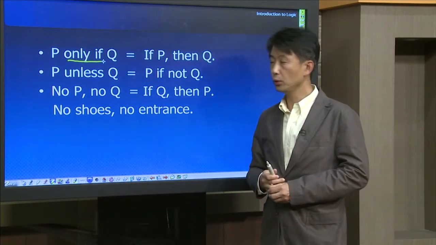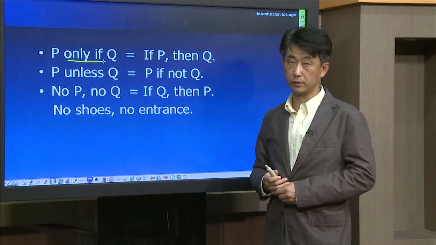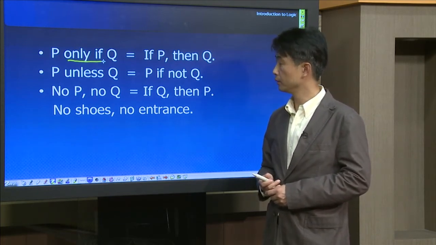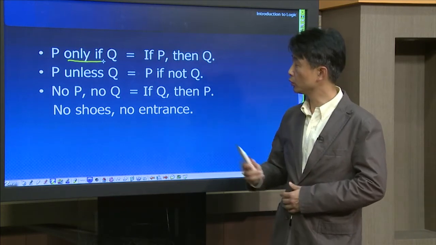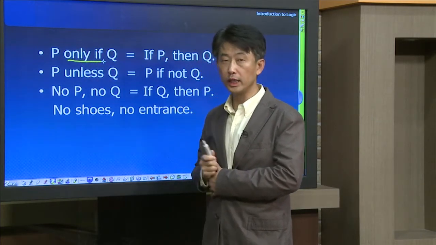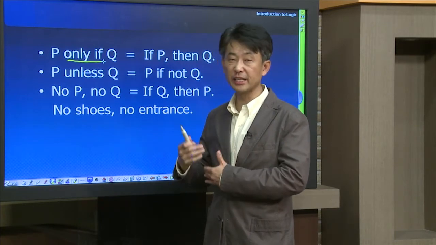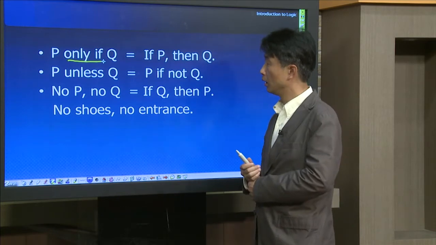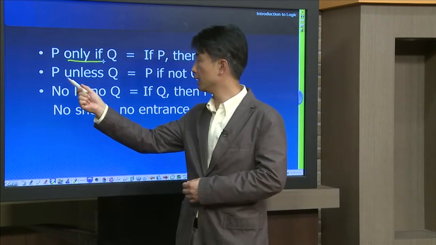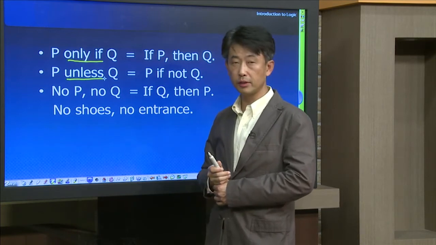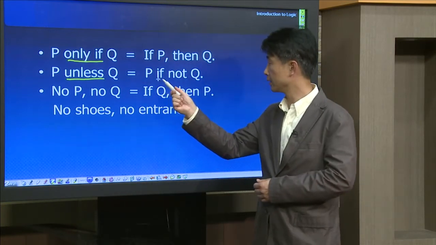P only if Q is equivalent to if P then Q. So you can see that what comes after only if is the necessary condition. We also use the expression unless. Unless is the same thing as if not.